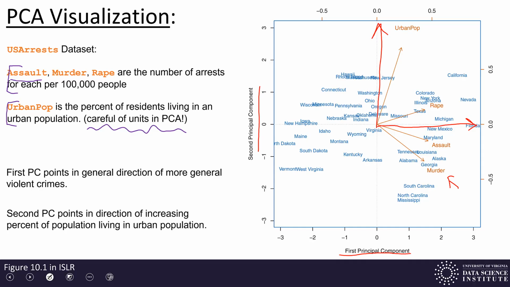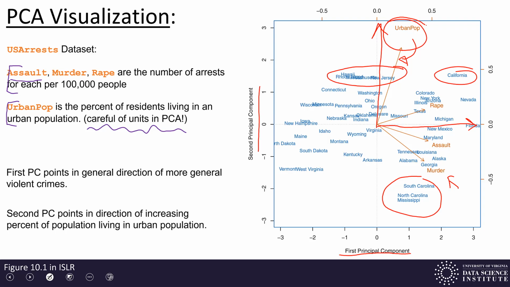Looking at the states captured by principal component 2, in the vertical direction on this plot, New Jersey, Hawaii, Rhode Island, California are very urbanized states. The ones in the opposite direction, South Carolina, North Carolina, Mississippi, have a less urban population. So PC2 corresponds to urban population. We can see that because urban population is put in here, shown with this orange vector. It shows you the direction of urban population.